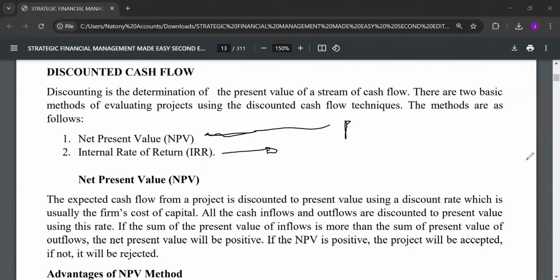So if you are told that in 4 years' time, you will receive 2 million naira, discounting this cash flow means asking what this 2 million naira will be today. What is the present value? This 2 million here is future value. So what will it be today? I did a video on that.